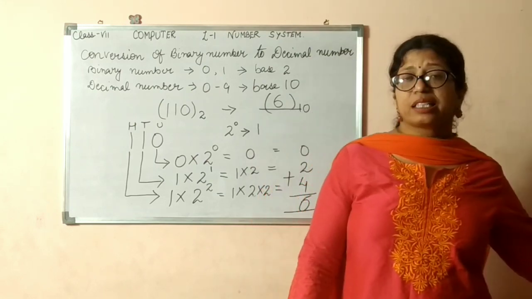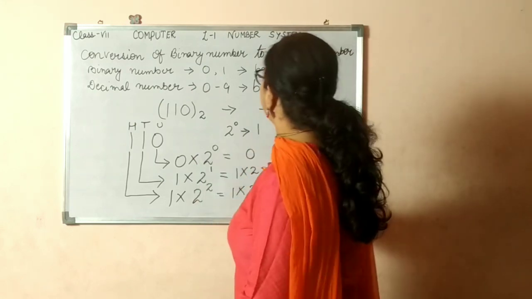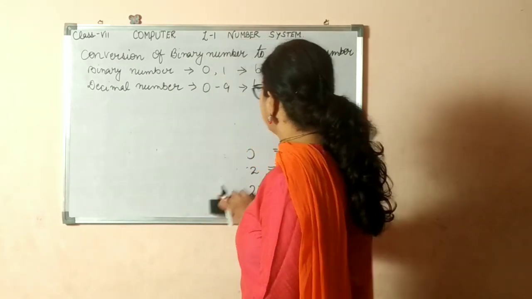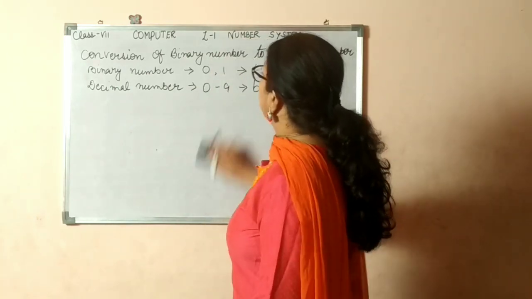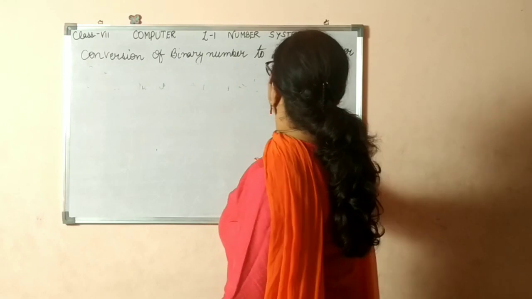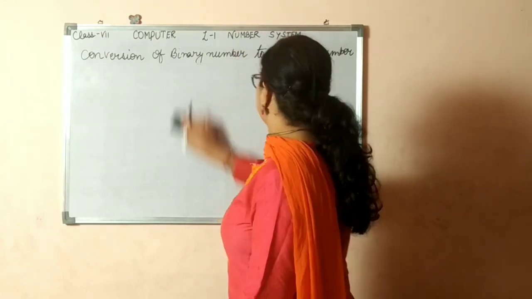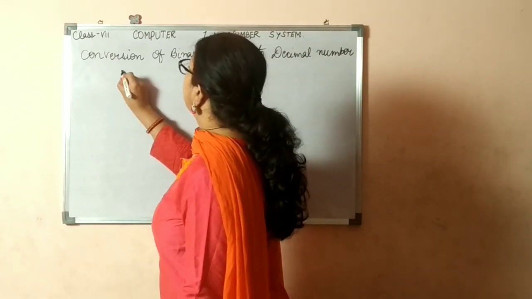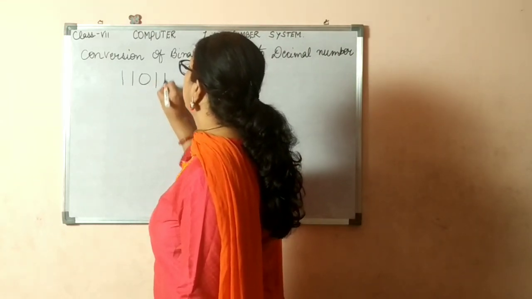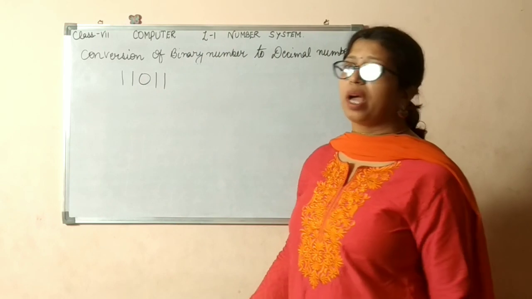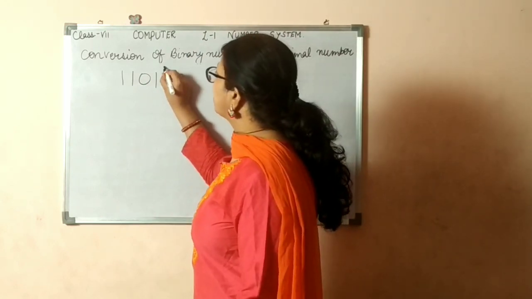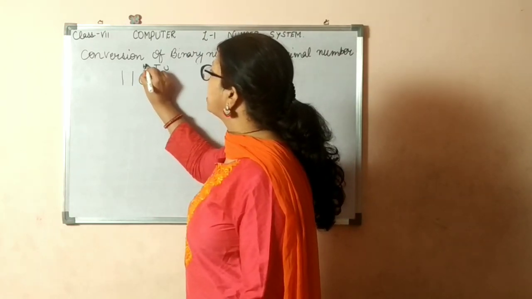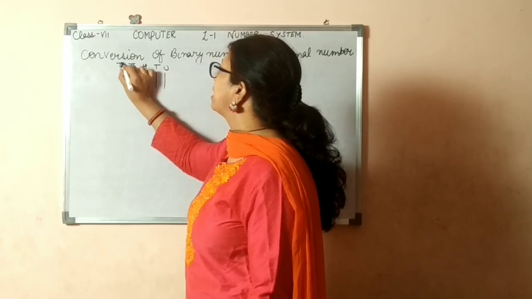Let's take another example for the better clarification of the same concept, children, for you. I am taking a little bigger number, a large number, so that I can change it into decimal number. Let's take the example 11011. So this is my units place, tens place, 100 place, 1000 place, 10,000 place.